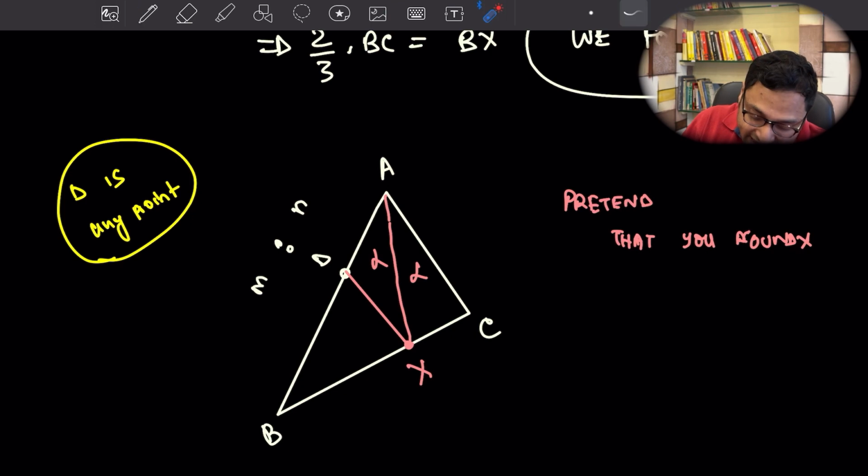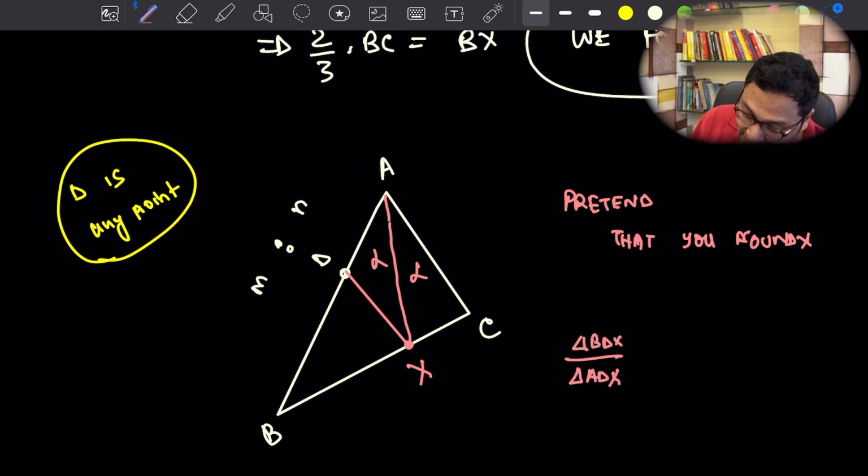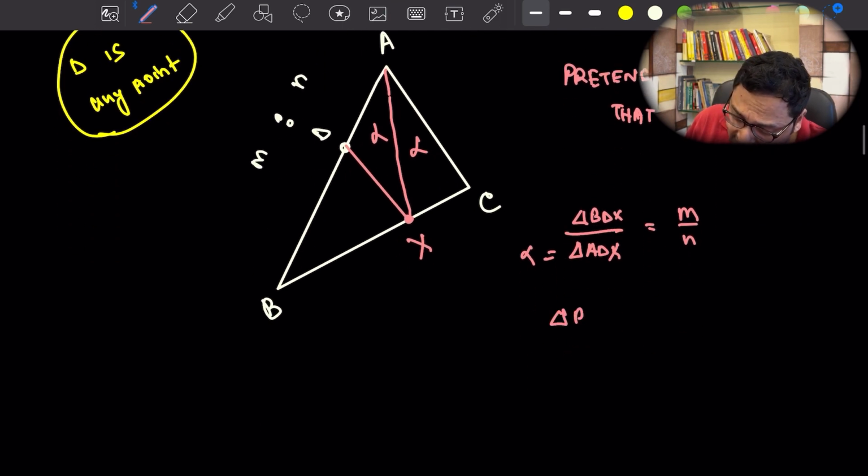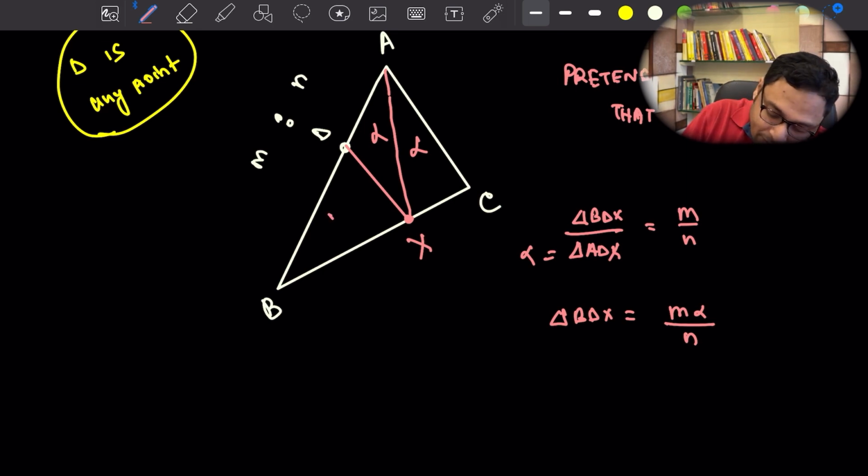Question is, what is BDX? Well, we know that triangle BDX divided by triangle ADX is m by n. That is BD over AD, m by n. And ADX, I know, is alpha, right? So triangle BDX is m alpha by n. Okay, all right.